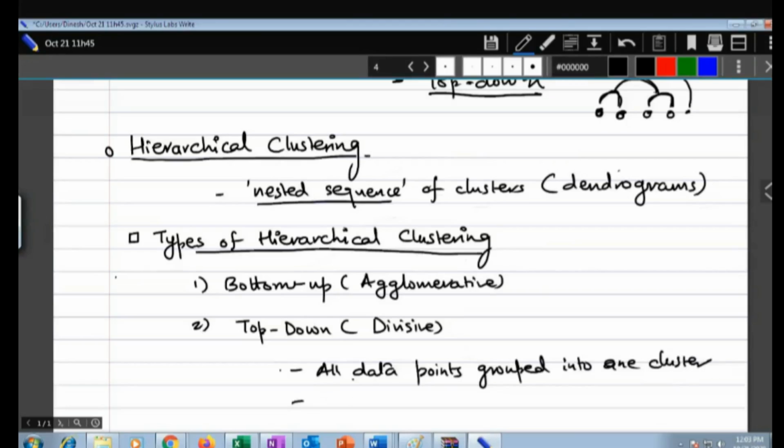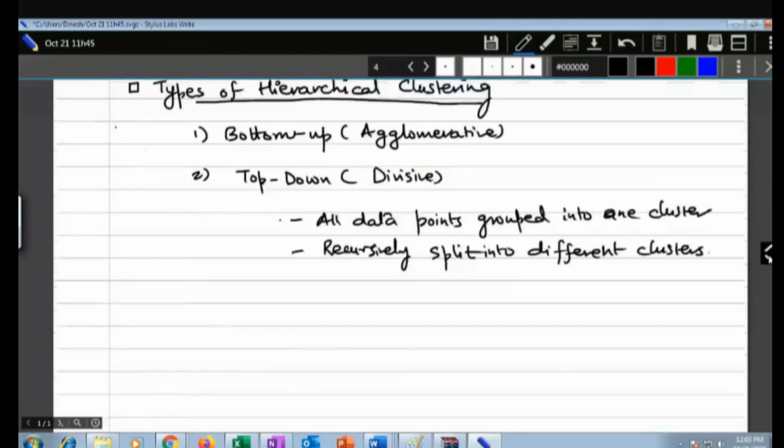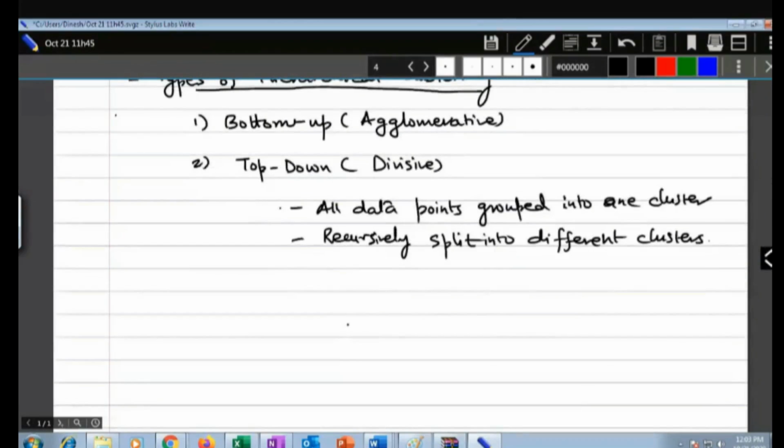And then ultimately you recursively divide or split into different clusters, or a set of child clusters.